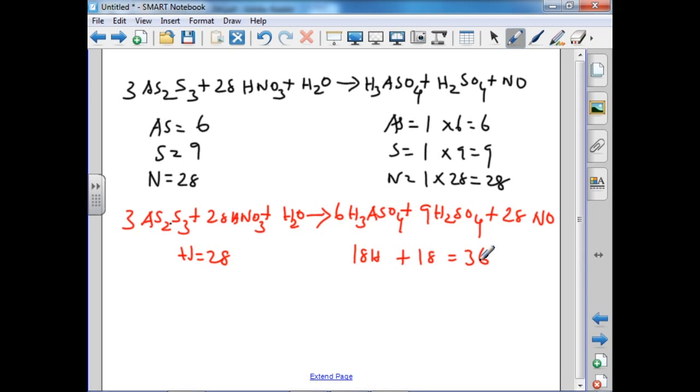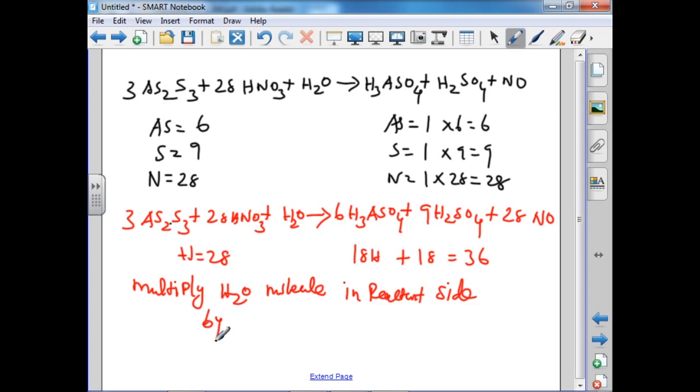So we need 8 more hydrogen. So multiply the H2O molecule on the reactant side by 4.